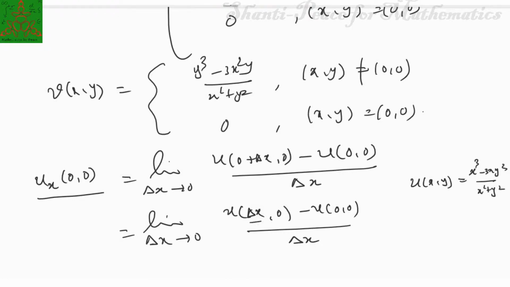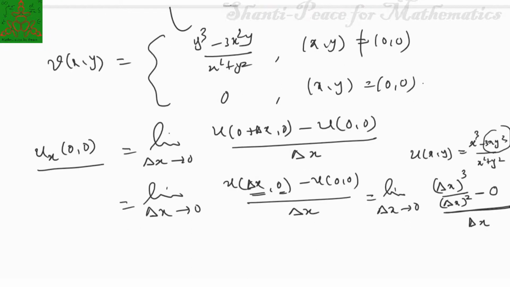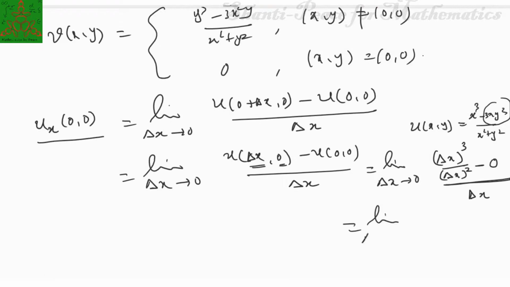Now you just substitute delta x and y here. So that gives you limit delta x tends to 0, this is delta x cube, this quantity becomes 0, upon delta x square, and minus 0 upon delta x. So finally what you will have is limit delta x tends to 0, delta x cube upon delta x cube. So that gives me 1.